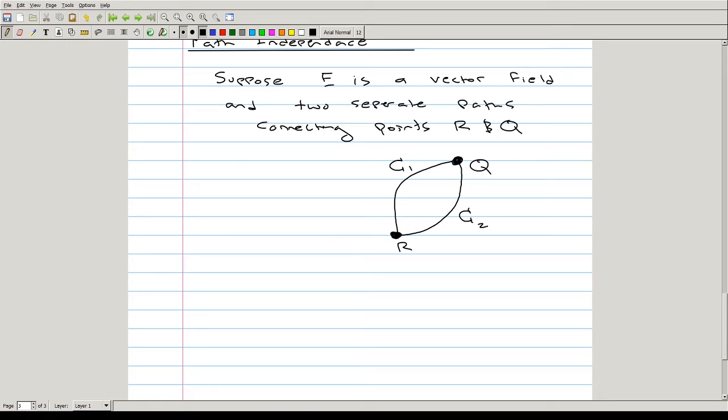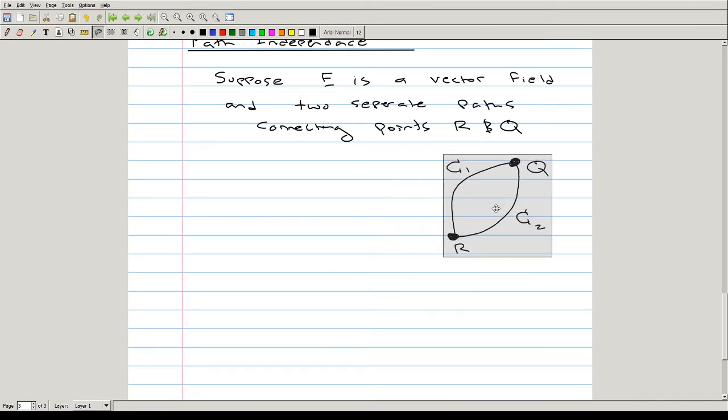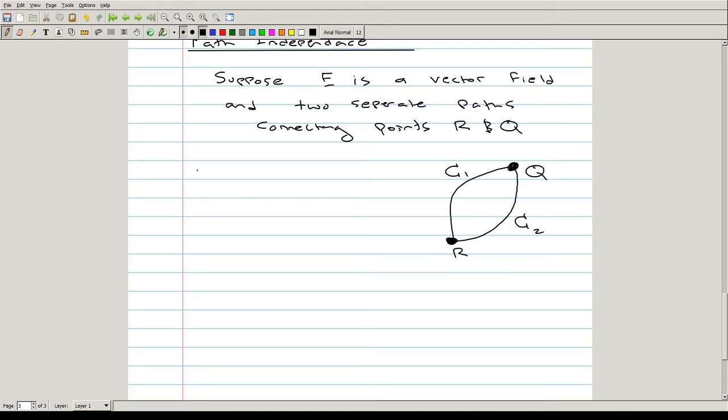So path independence means that for any path C1 and C2 connecting any two points R and Q, if the vector field is path independent, it means that the line integral of f dot dr, and like I said before, typically when you hear line integral, it means the line integral with respect to the tangent vector, the tangent field on this curve.